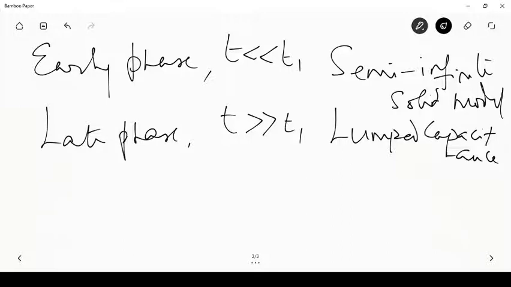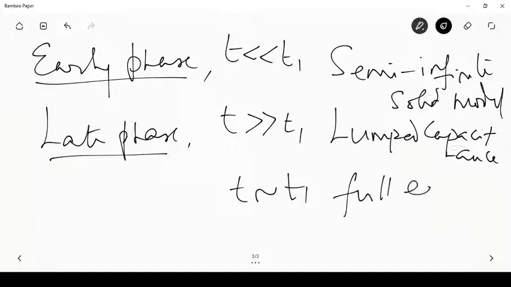So when t is of the order of t1, which is neither in this case nor in the other case, you can neither use the late phase approximation nor the early phase approximation. Then you have to solve the full equation of conduction.